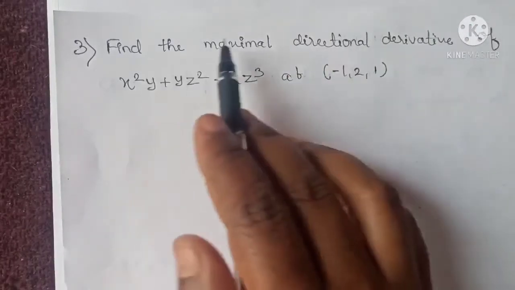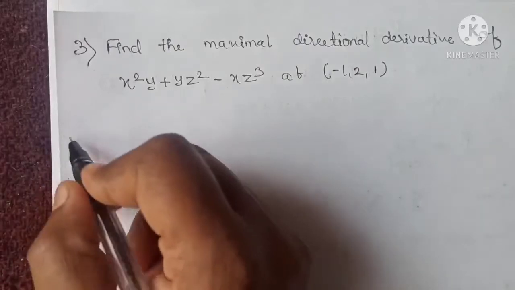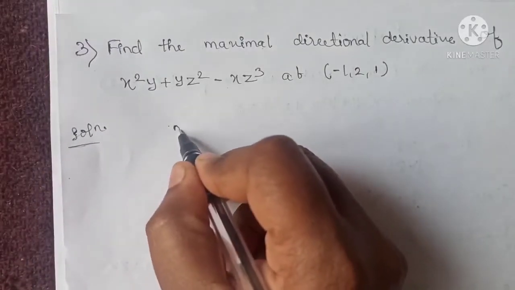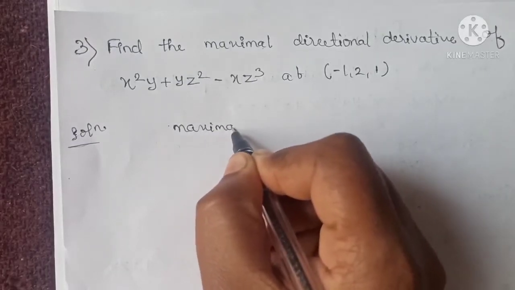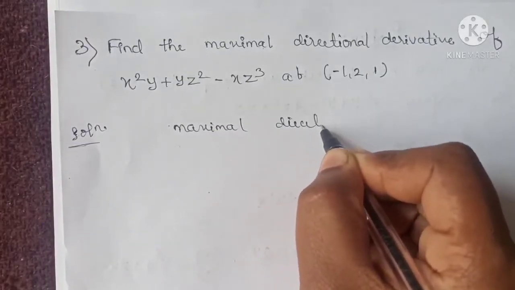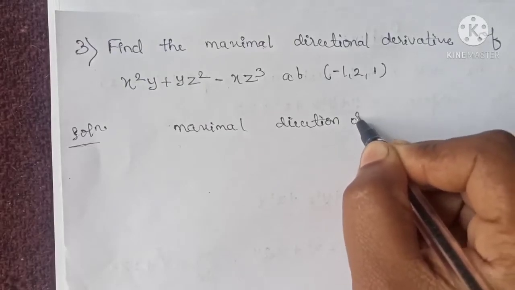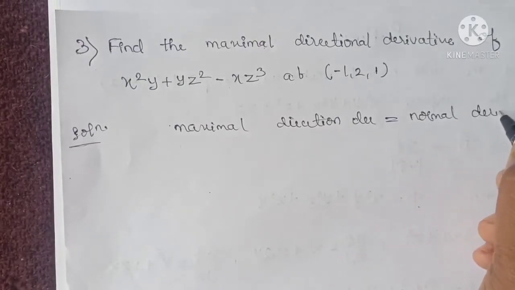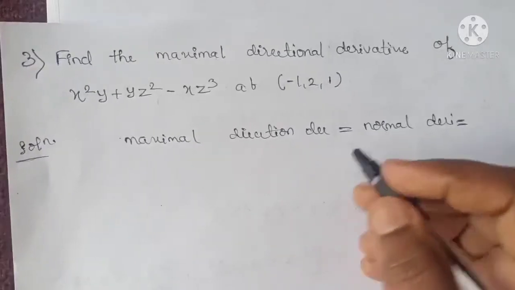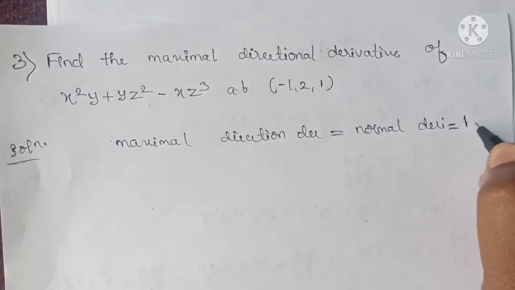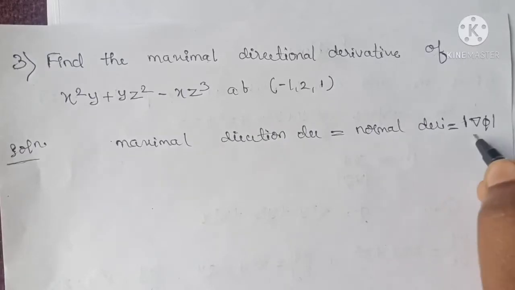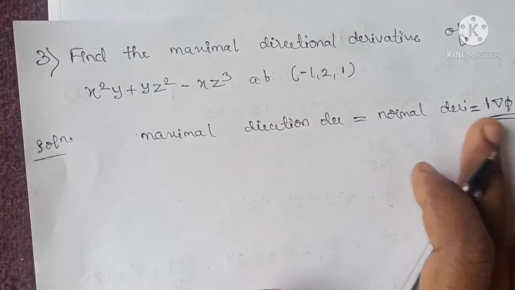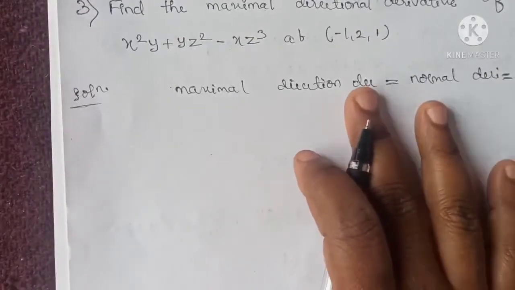We know that the maximal directional derivative and normal derivative are both the same, and they are given by mod of del phi. So that means we need to find only mod of del phi. Already we have discussed this in the earlier section. Okay.